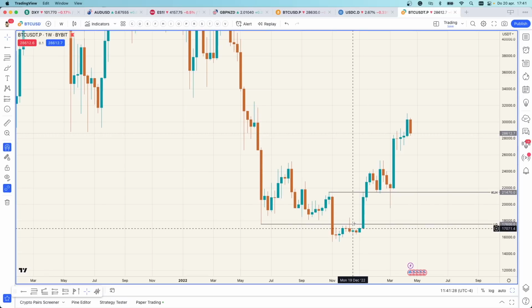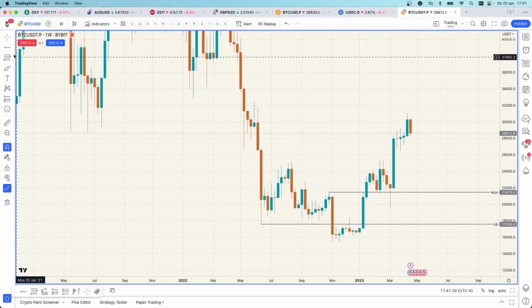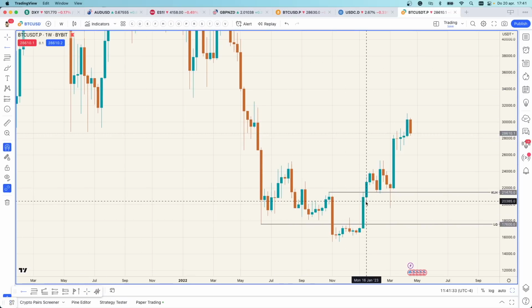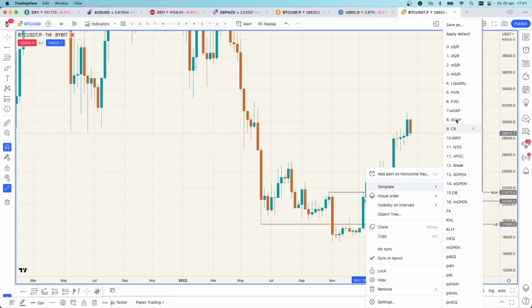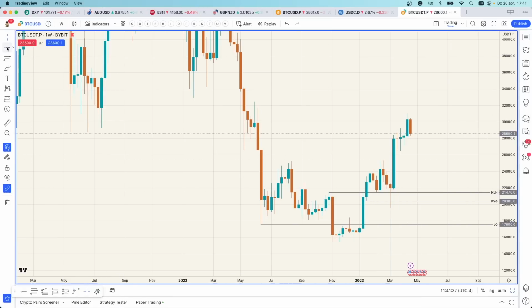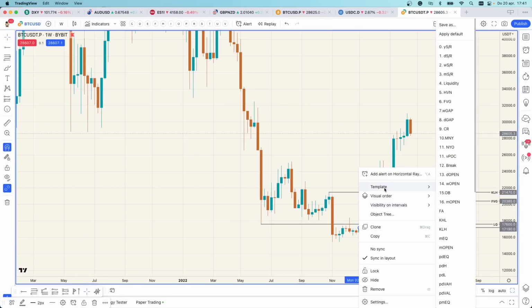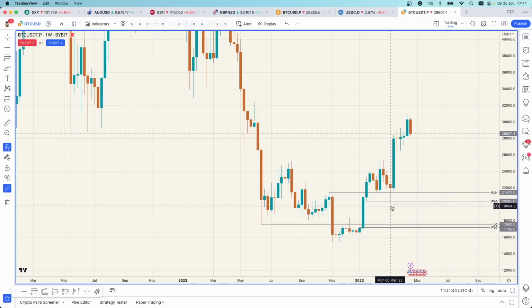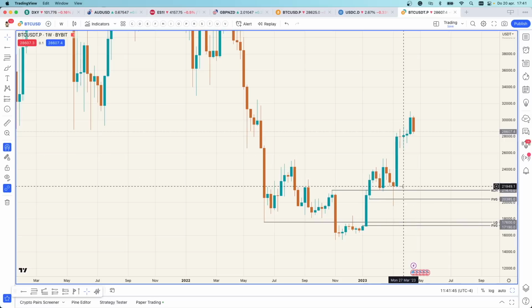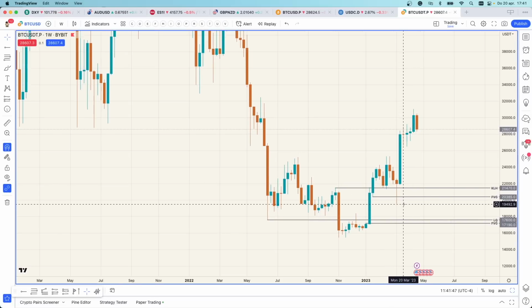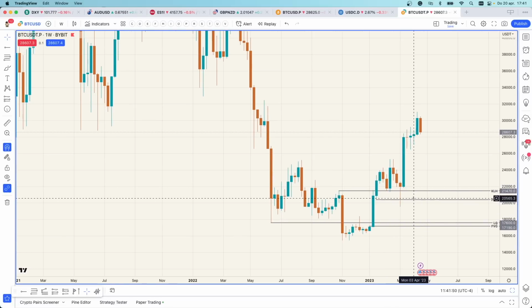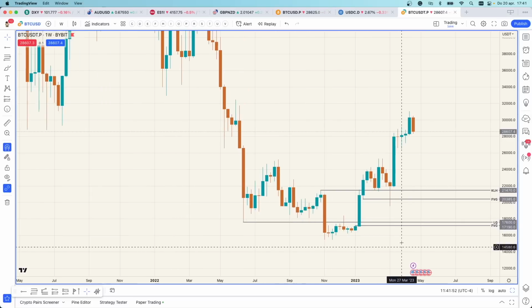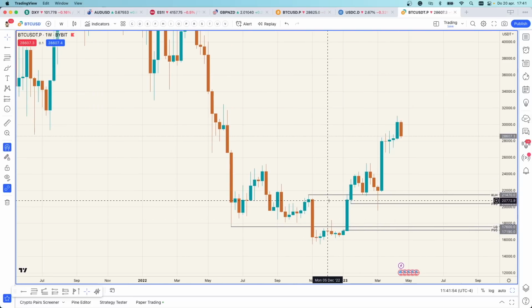And then look what happens. It creates that fair value gap. Once it trades into that gap, you can long and you place your stop loss below that level or in profit as you want. So it's the same setup, but on a weekly chart.